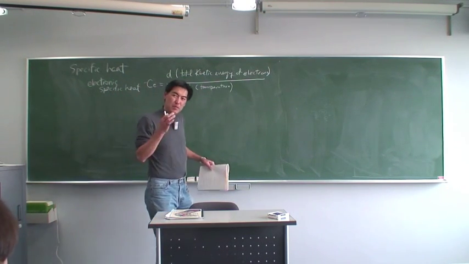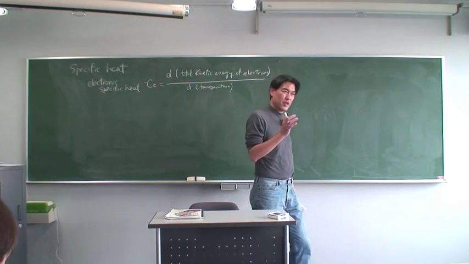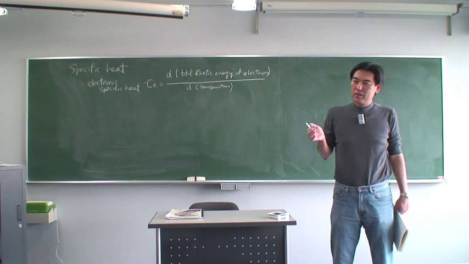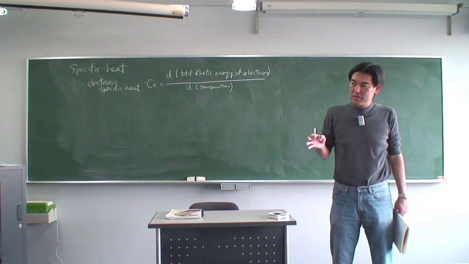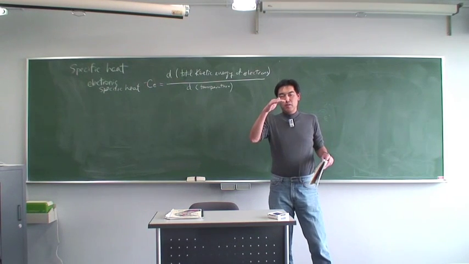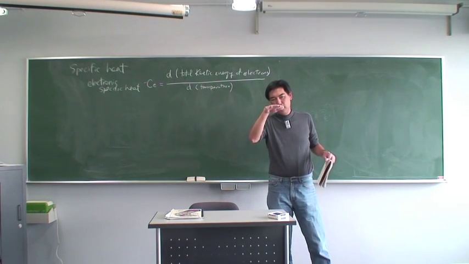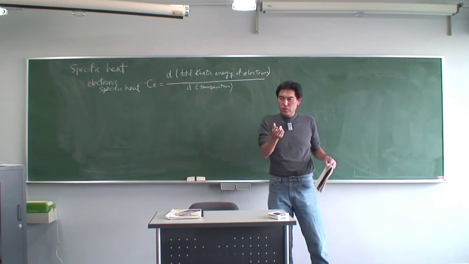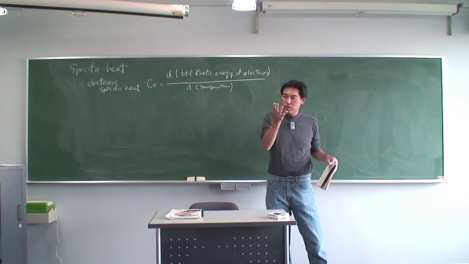And you can guess immediately that it must depend on what? Density of states, right? Because you have electrons and you raise temperature, so you change the Fermi distribution.